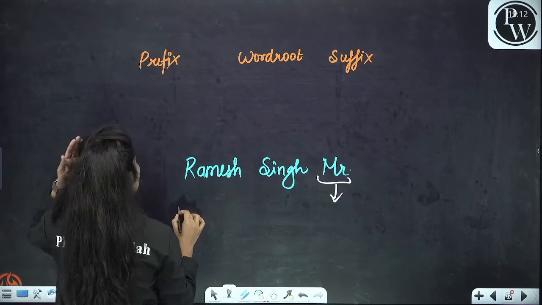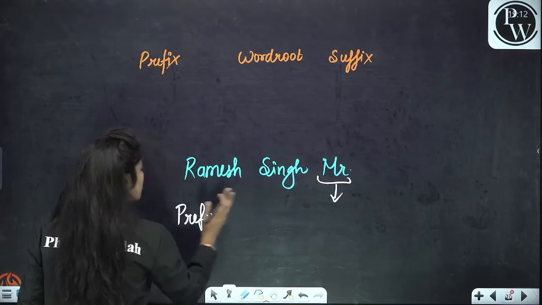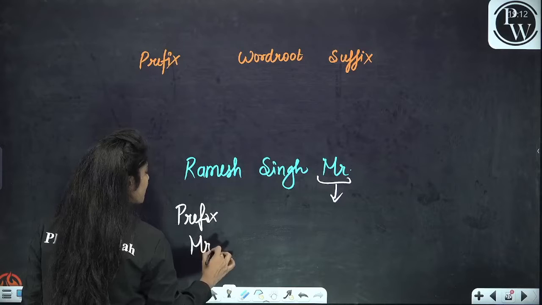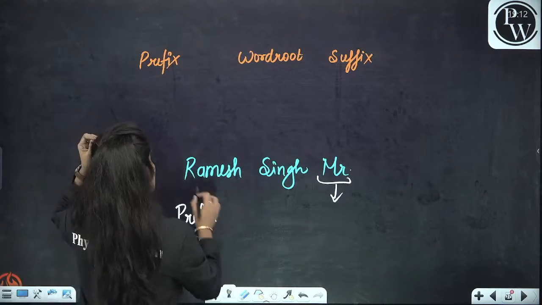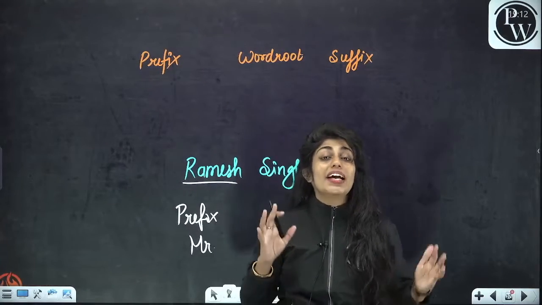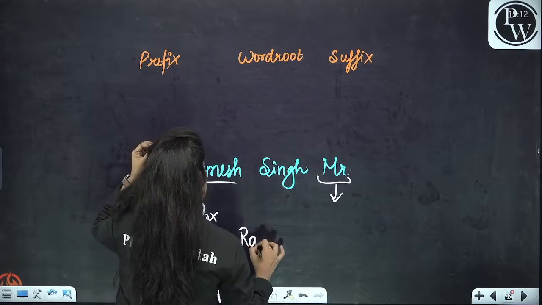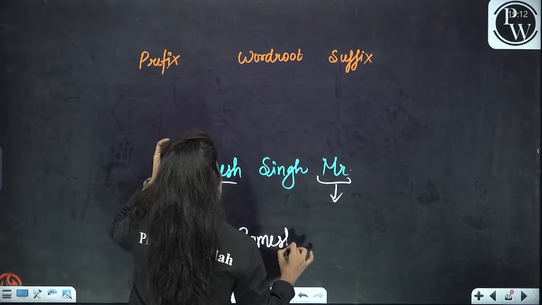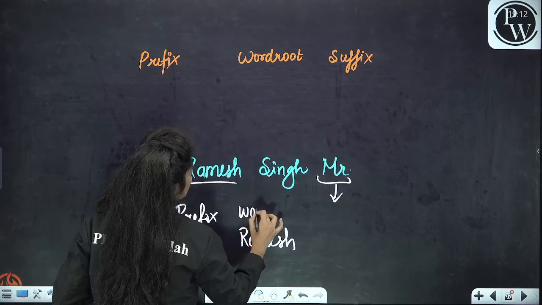So basically, this is your prefix. Prefix comes before the name, which is your Mr. Then next we have Ramesh. Ramesh is the actual name of the person, so we write that name just after Mr. That's your Ramesh, and I will call it the word root.